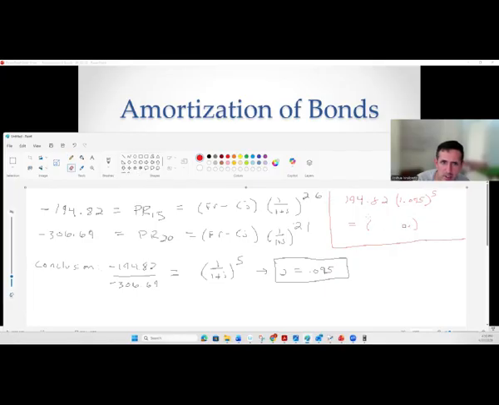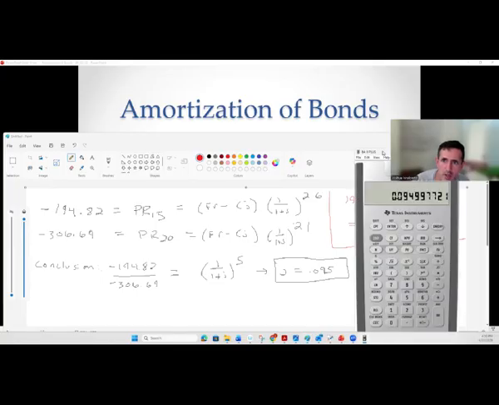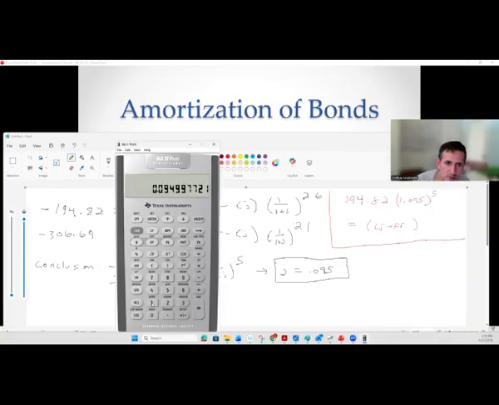So it's CJ minus F. Okay, and what is this? 1.095 to the fifth times 194.82 is 306.